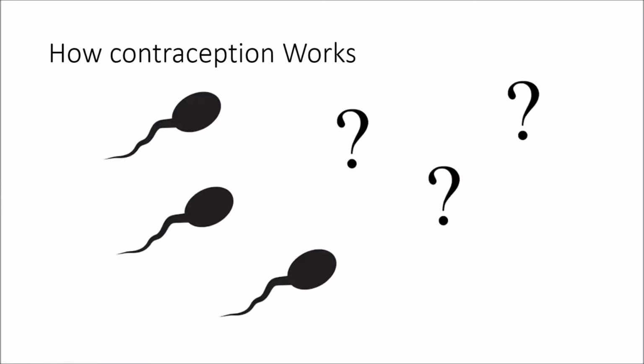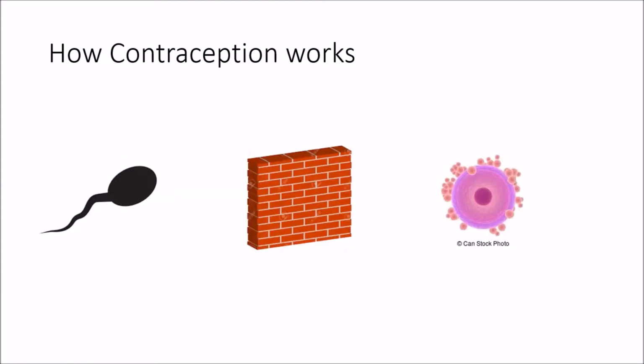Or another way is that it prevents the production of an egg. Because if you don't have an egg cell, then there's nothing there for the sperm cell to fertilize, and therefore pregnancy will not occur. With this method, you have a barrier that prevents the sperm cells from reaching the egg, once again preventing pregnancy from occurring.